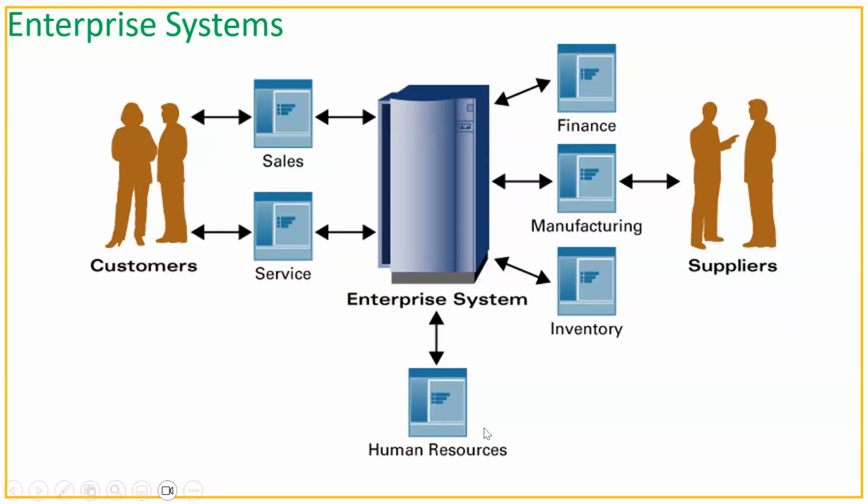The software they develop needs to communicate between these departments. The customer might communicate with sales, service or finance. This is how communication is made between these different sections. They might use one application or multiple applications, and this is more or less the same scenario for almost every business.